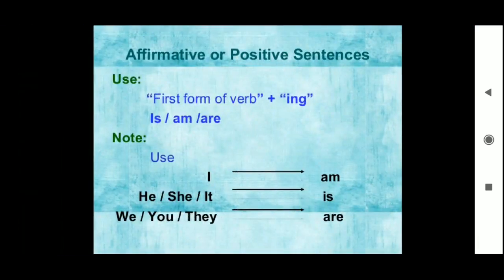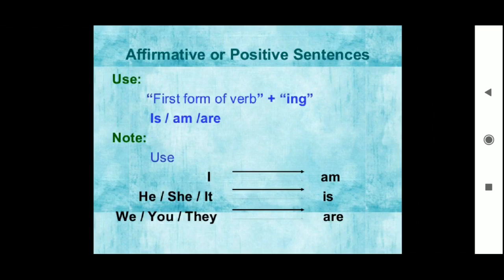Now come to the aspects of present continuous tense, meaning forms. It also has four forms: affirmative, positive, negative, interrogative, interrogative negative.